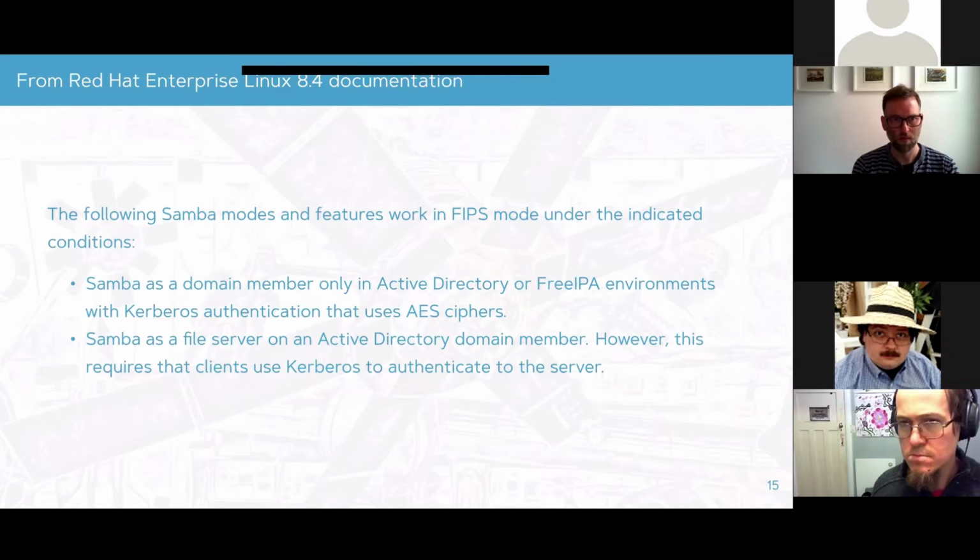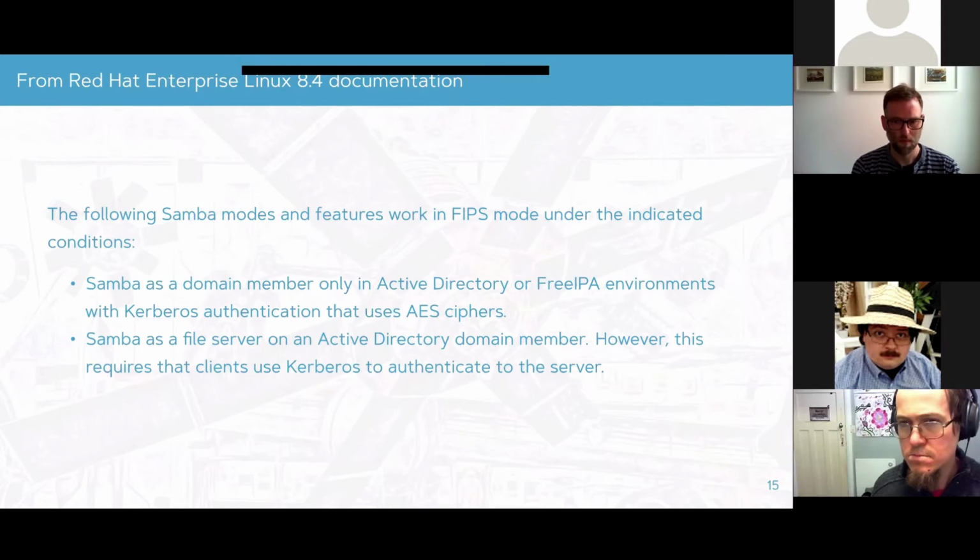So in the Red Hat Enterprise Linux 8.4 documentation, this release was already announced, and the actual code should be available later this month. We tried to put certain guidelines there.